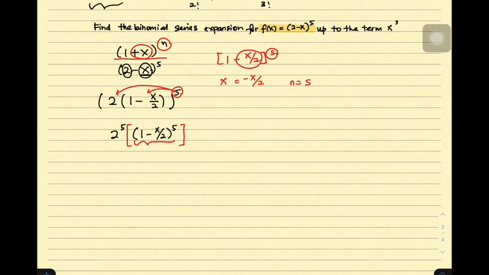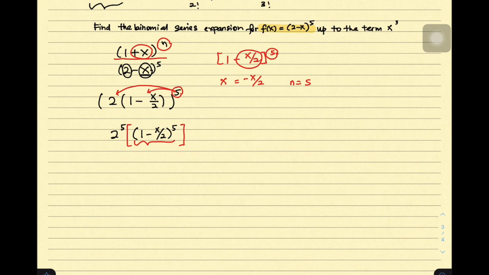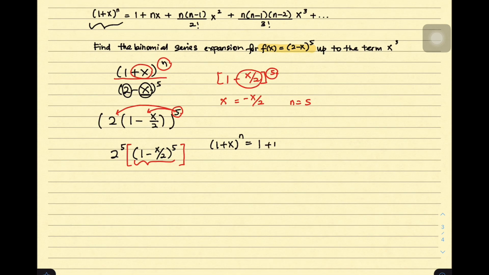Okay, so bila kita dah tahu apa kita punya x, apa kita punya n, kita boleh gunakan binomial expansion, di mana binomial expansion untuk 1 plus x to the power of n is equal to 1 plus with n multiplied by x plus with n multiplied by n minus 1 divided by 2 factorial x square plus with n, n minus 1, n minus 2 divided by 3 factorial x cube. Dia sudah berhenti sampai x cube, so kita berhenti.